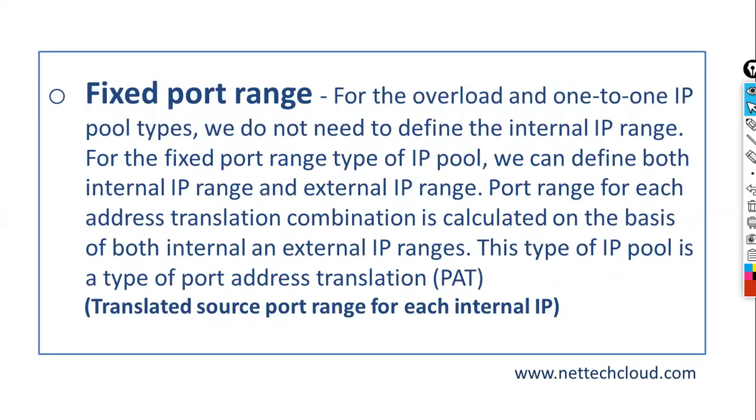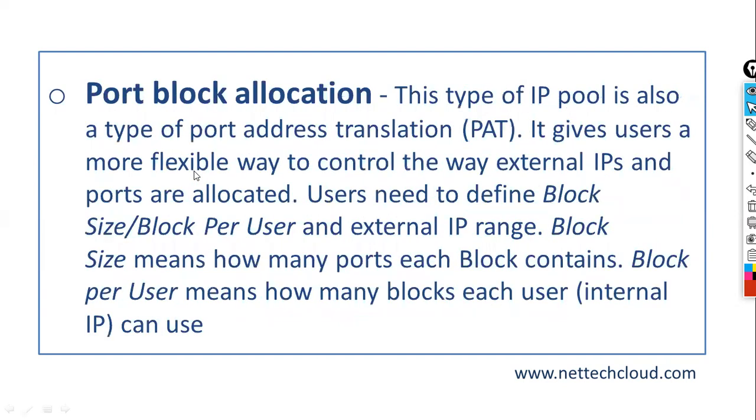And fixed port range, as I mentioned, with this, if we mention private IPs or internal IPs, also external IPs, then the Fortigate firewall automatically calculates the port range that can be allocated or used per IP address. And port block allocation is a proper reservation.